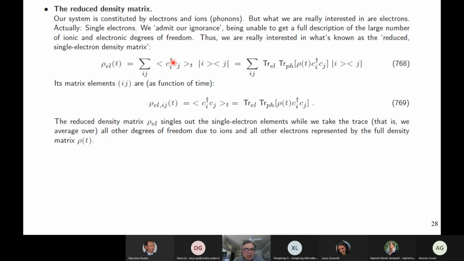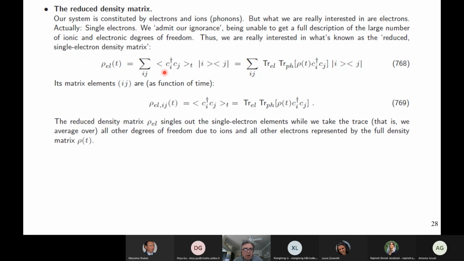So this is a matrix whose diagonal elements, c dagger i, c i, express the probability that the state i is occupied, or the occupation of the state i, depending on the normalization to the density or to 1. Okay, the off-diagonal element ji is the amplitude that I find the system in a linear superposition of the eigenstate i and the eigenstate j of the free electron Hamiltonian.